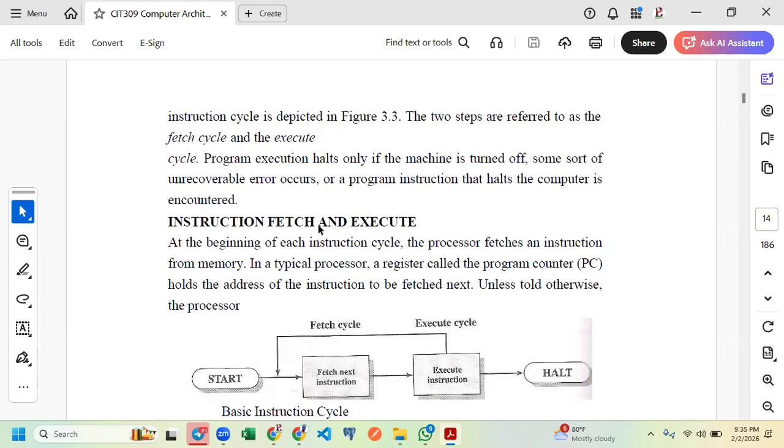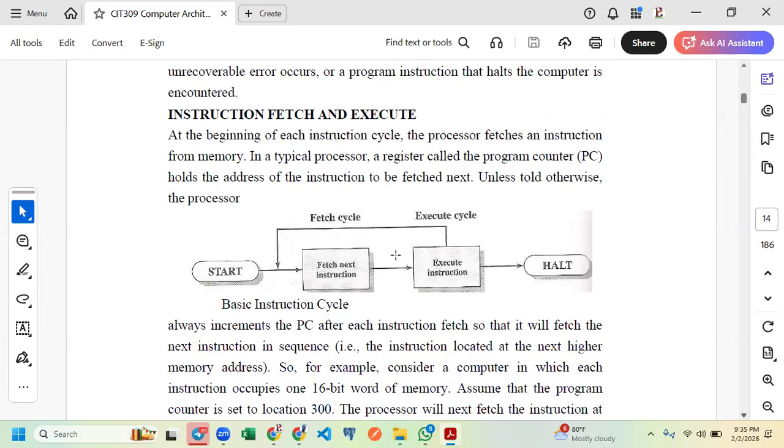Now, instruction fetch and execute is what we have next, and I don't know if we should go into that. If we do, we need to rush it because we have just 8 minutes left in this class.